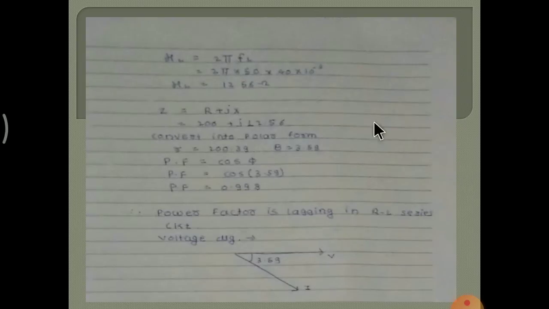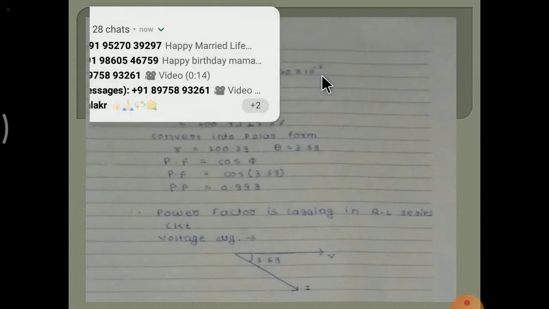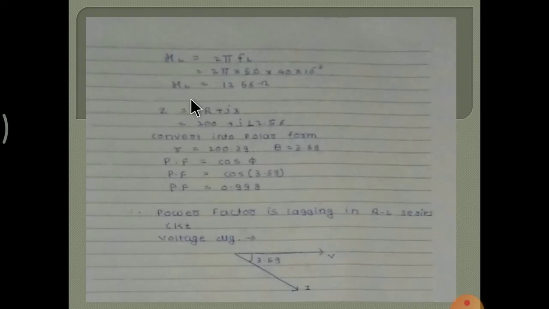Convert it into Henry, so 40 into 10 raised to minus 3. We get the value of XL after multiplication of these values, that is 12.56.